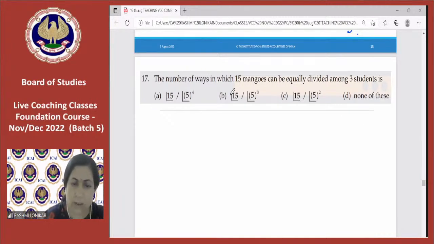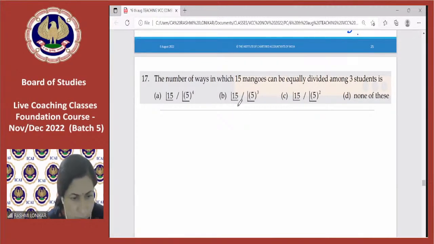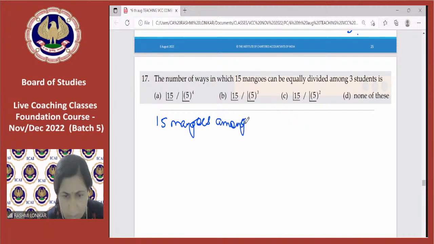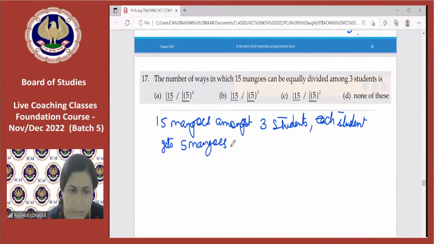So here, when I want to distribute 15 mangoes among 3 students, each student gets 5 mangoes, right?